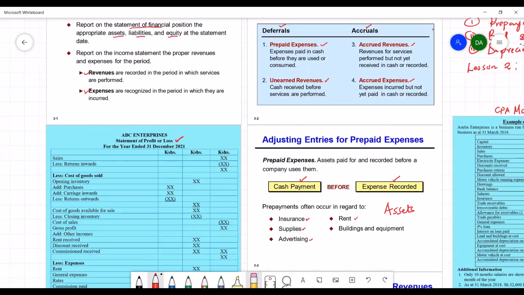In a case that an expense has been prepaid, then this should be recognized both in the income statement and also in the statement of financial position.